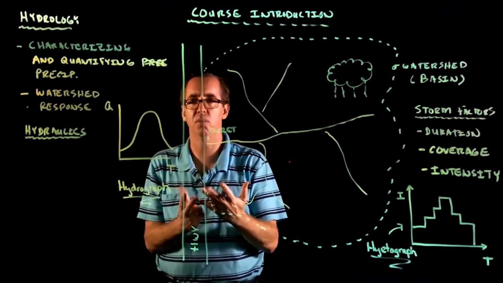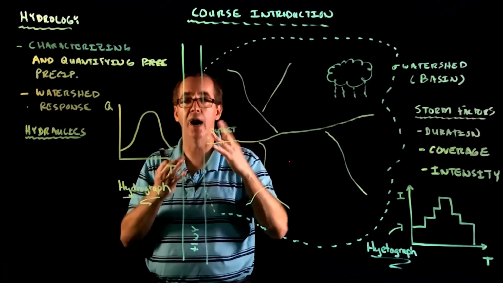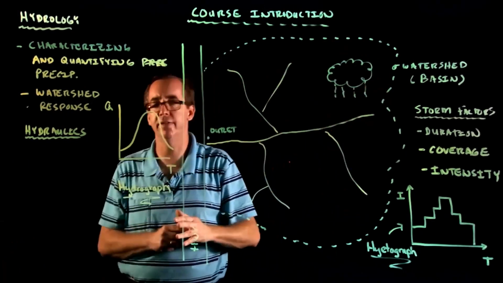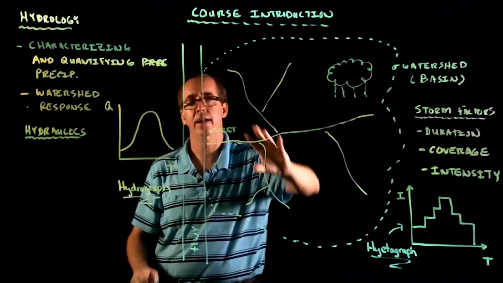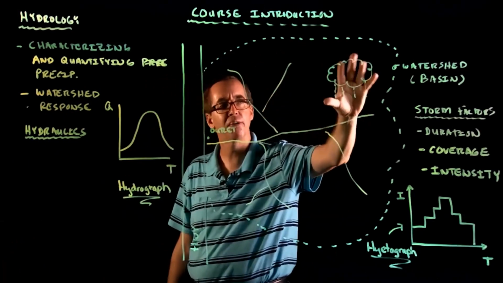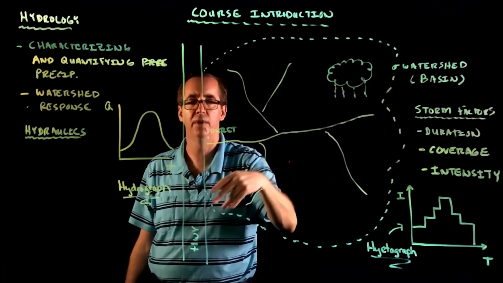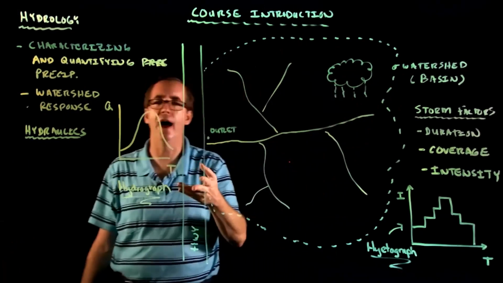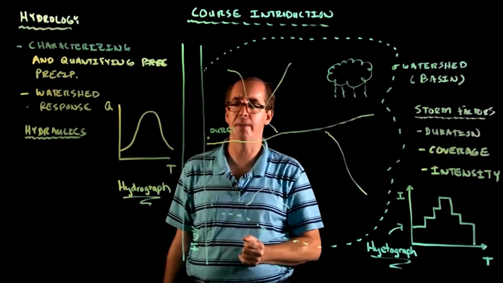We're going to talk about those in more detail. I'm not going to put them up on the board, but you can imagine some of them are obvious, like the size of the watershed and the slope. Is it a watershed in an area that's farmland and flat? Is it a watershed with a lot of mountainous areas where the slope is steep, and that would influence the runoff a lot? Also the vegetation cover, the type of soils, the condition of the soils. There are a lot of factors that go into that.